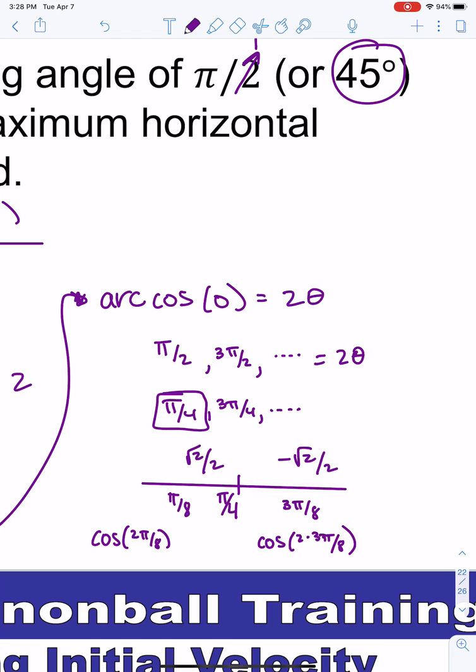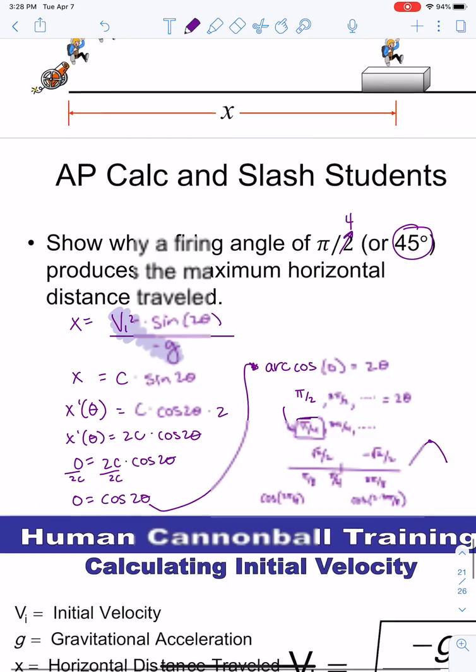So you can see the slope changes from positive to negative, making that a maximum. So pi over 4, or 45 degrees, is the angle that will produce the maximum horizontal distance traveled.